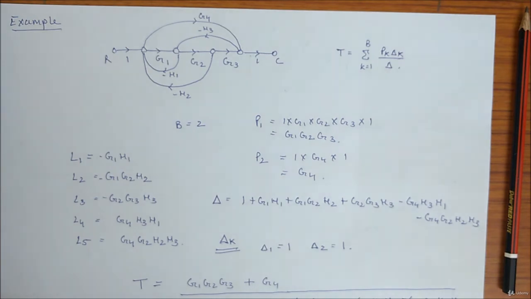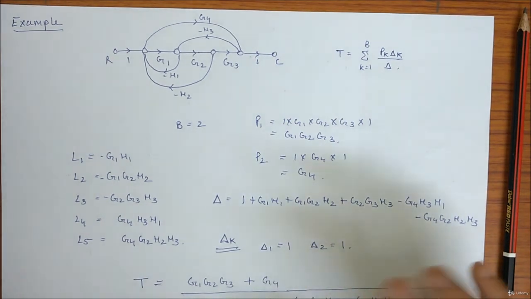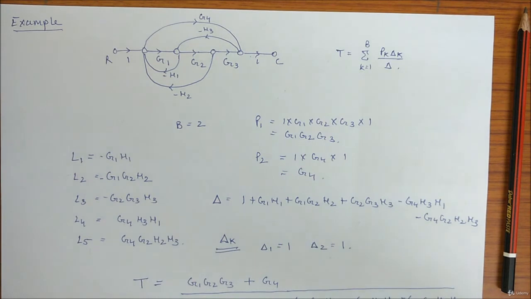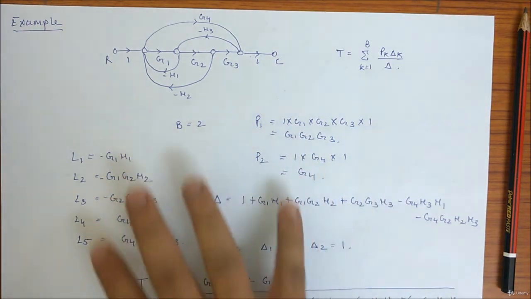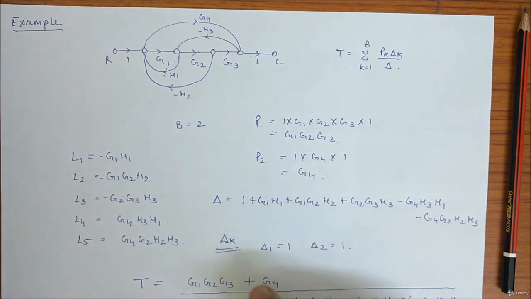The procedure will be the same. There are chances of miscalculation, but you have to save time as well. So the best way is to write this in this manner: P k, loops, delta k, then T. It will take one or two minutes extra, but it will lead you to a correct answer.